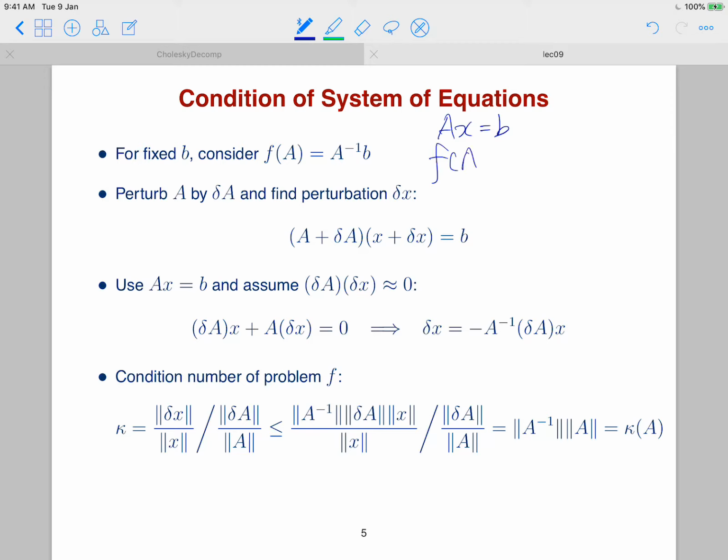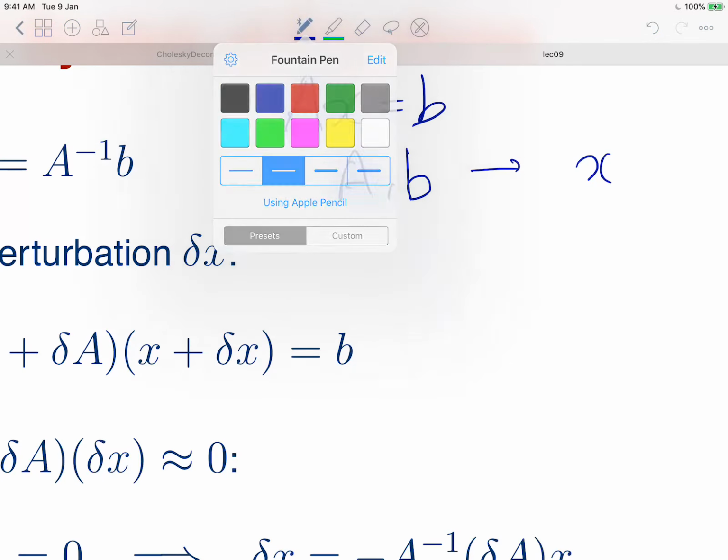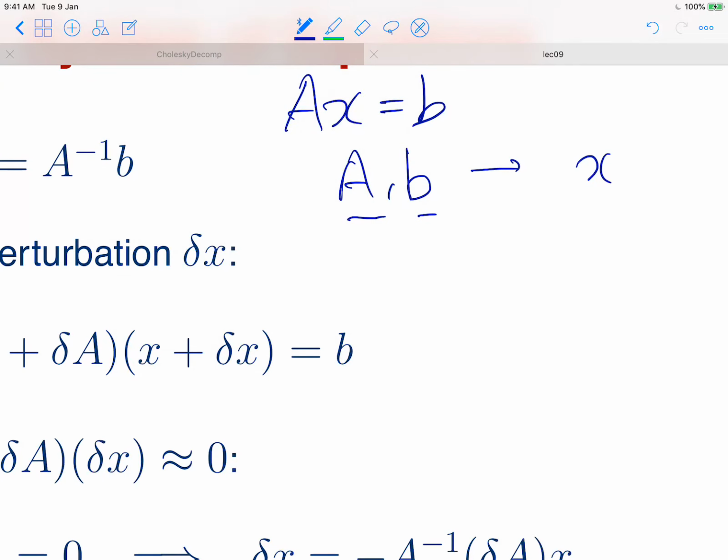So the input is A and b, right? Given A and b as our input, we want to obtain the x value over here. So x, which is the solution of this linear system, is our output, right?